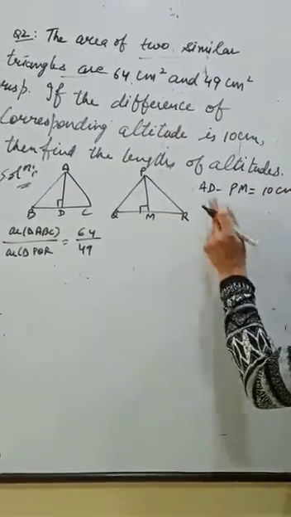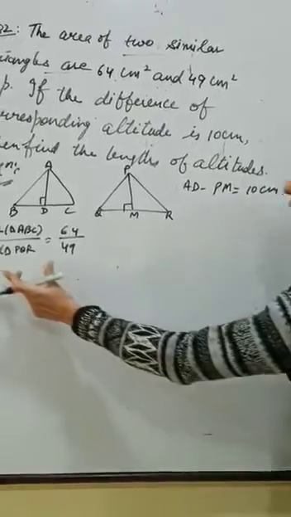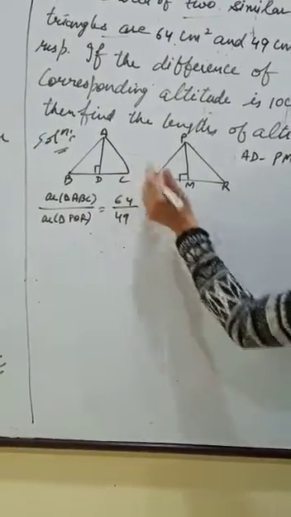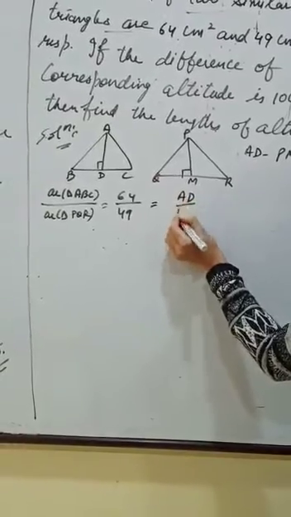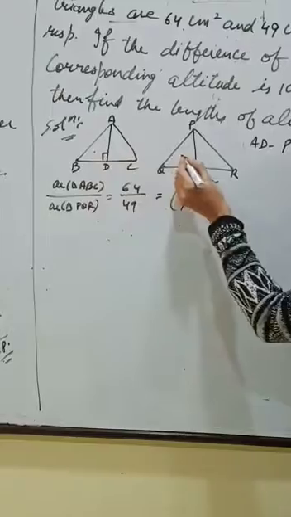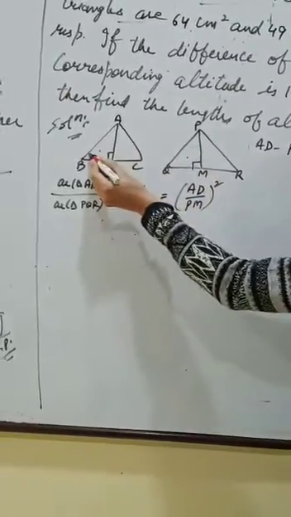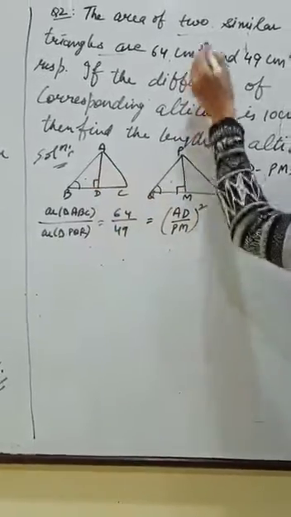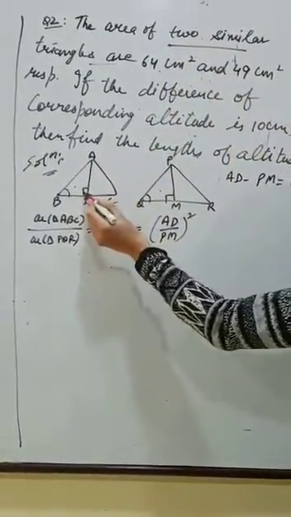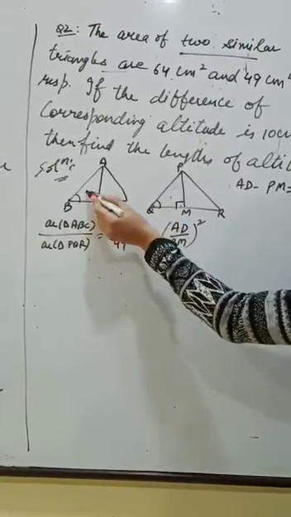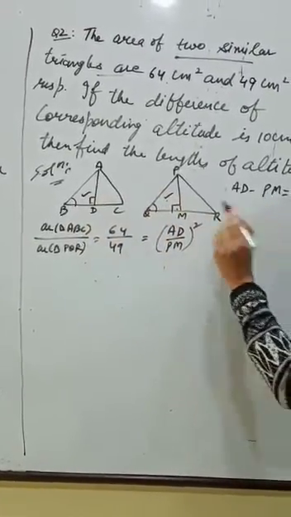As you know, the ratio of the areas of the triangles is equal to the square of the ratio of the corresponding altitudes, because these two triangles are similar. Angle B is equal to angle Q because the triangles are similar, and angle D is equal to angle M as 90 degrees. By the angle criteria, these triangles are similar to each other.